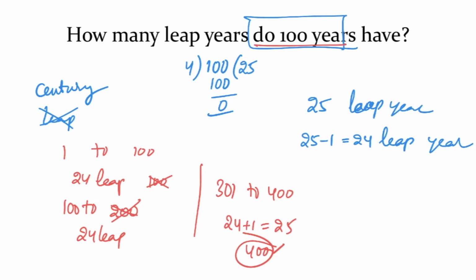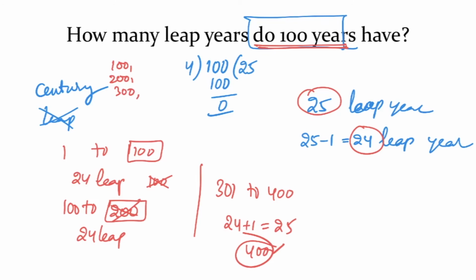If there are 100 continuous years, there are either 25 leap years or 24 leap years. If that period is given, and if there is a century like 100 or 200, 300, 500, 600, 700, 900, 1000 lying in between, there would be only 24 leap years.